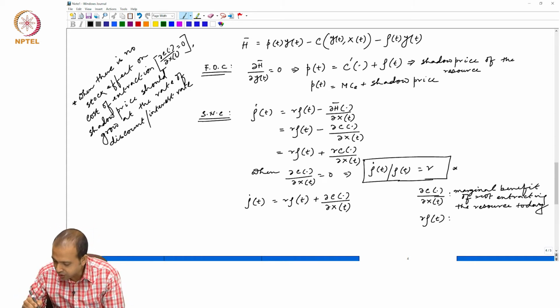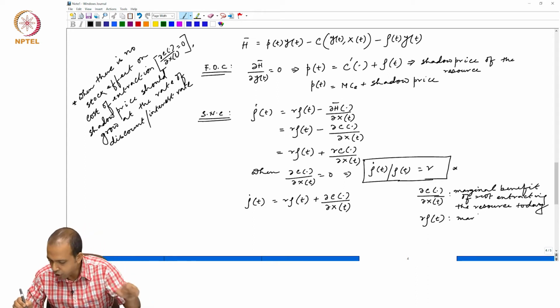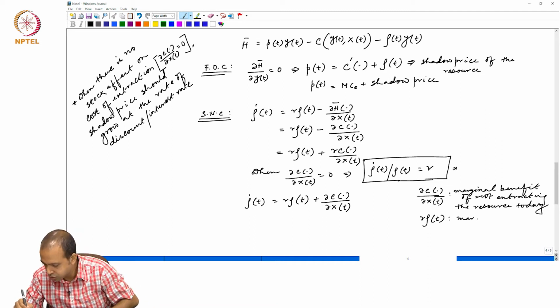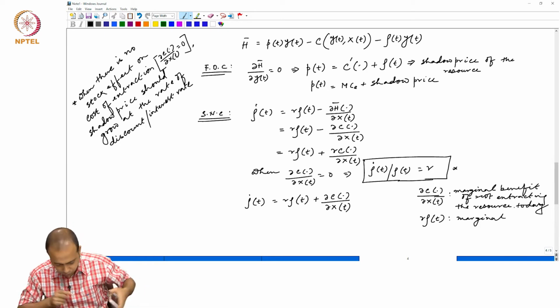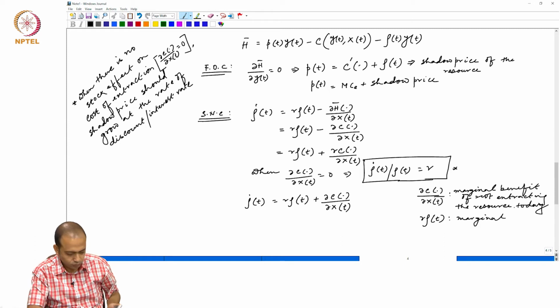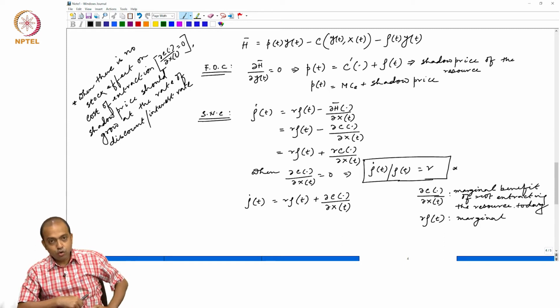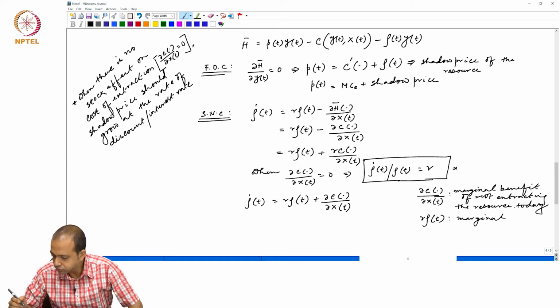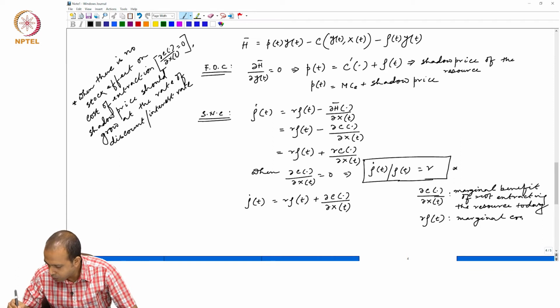So, that means we can think of R into rho T is marginal cost of not extracting the resource today.